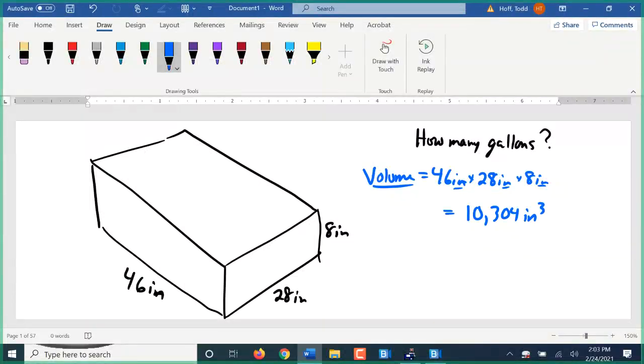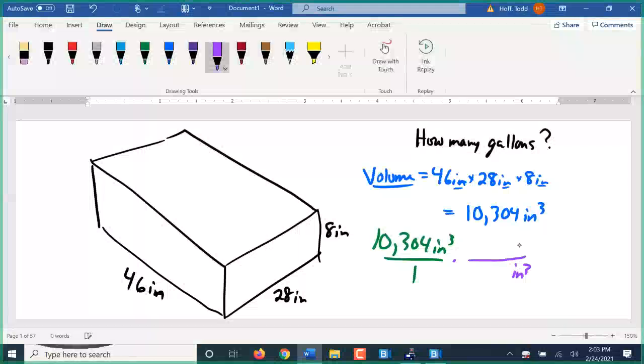Now, to turn that into gallons, figure 10,304 cubic inches, put them over 1. We're going to put cubic inches on bottom to cancel them out. Gallons are going to go on top. We have to remember that 1 gallon is approximately 231 cubic inches. The cubic inches cancel out.